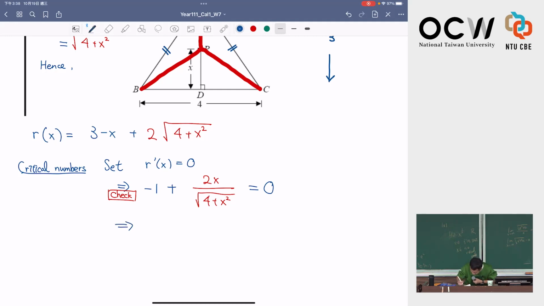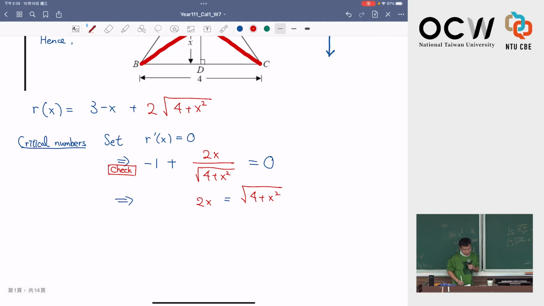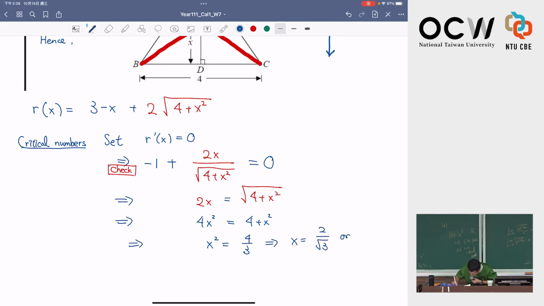So 2x equals the square root of 4 plus x squared. To solve this equation, we square both sides to obtain 4x squared equals 4 plus x squared. So we get x squared equals 4 over 3. That means x is either 2 over root 3 or minus 2 over root 3.